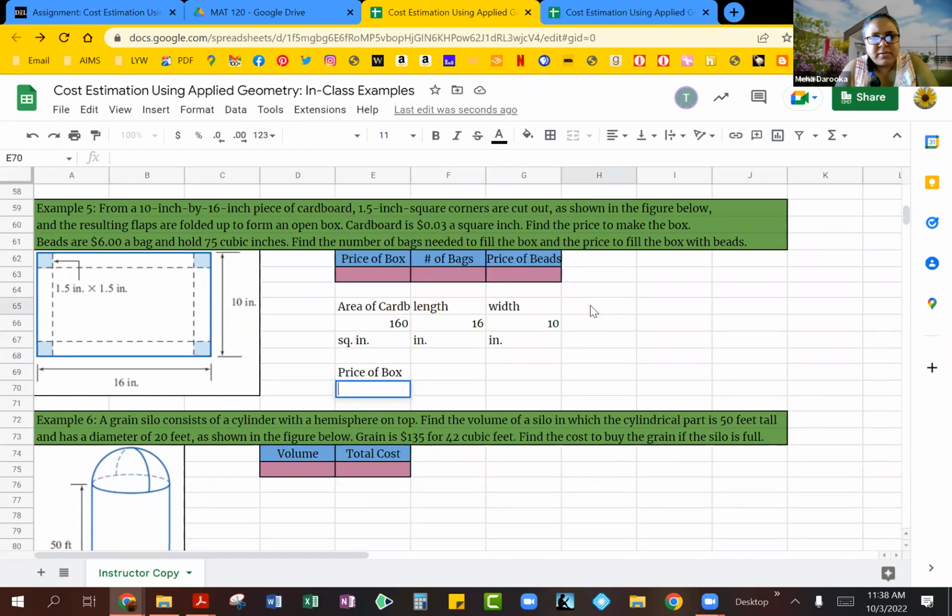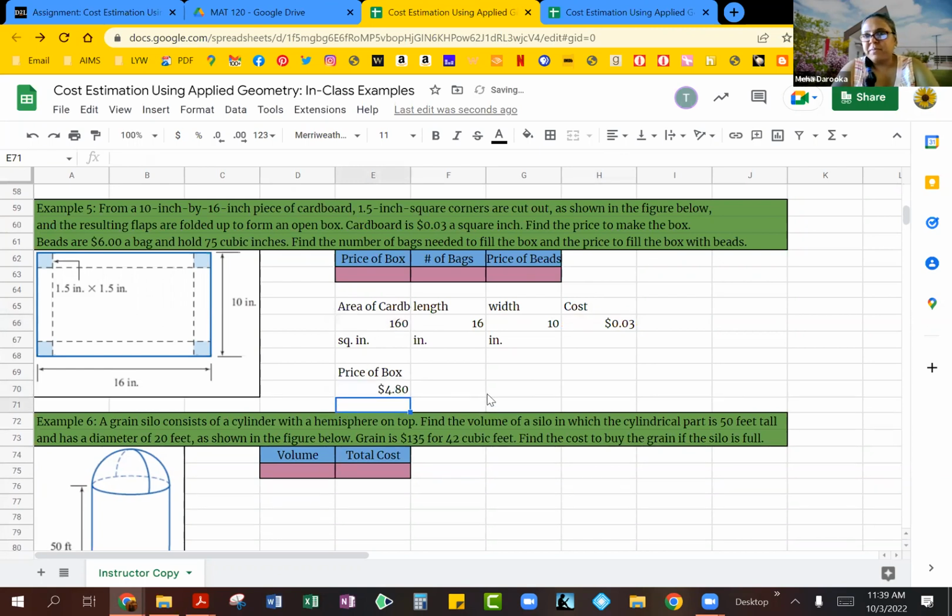So that is our per square inch value. So basically, kind of like we just did in the previous example, take your dollar amount and multiply by the area of your cardboard, which of course comes out to be $4.80 in that case. So this will be the price of our box.